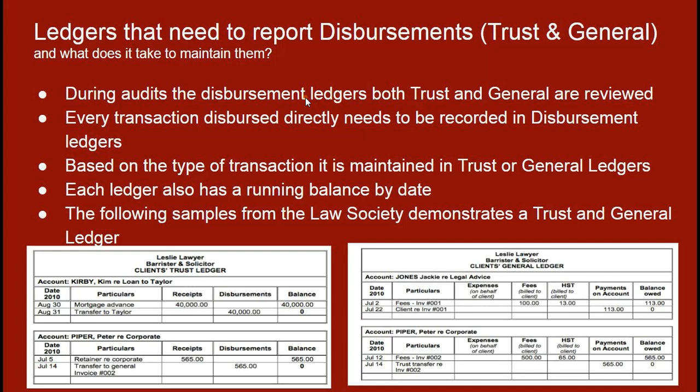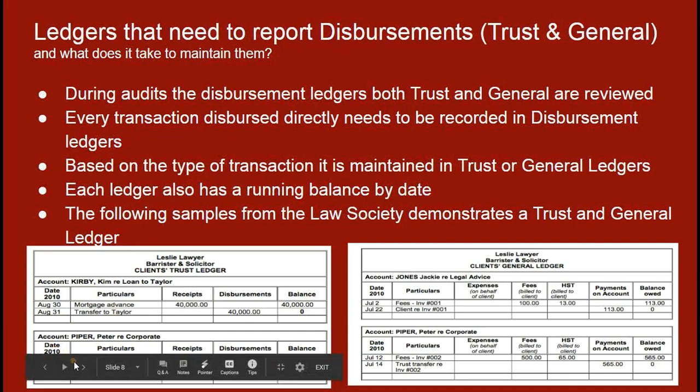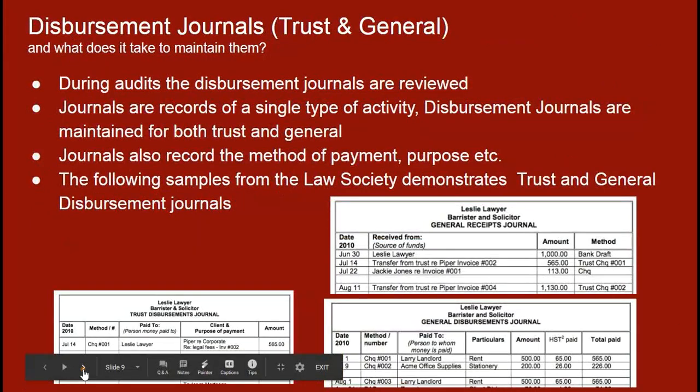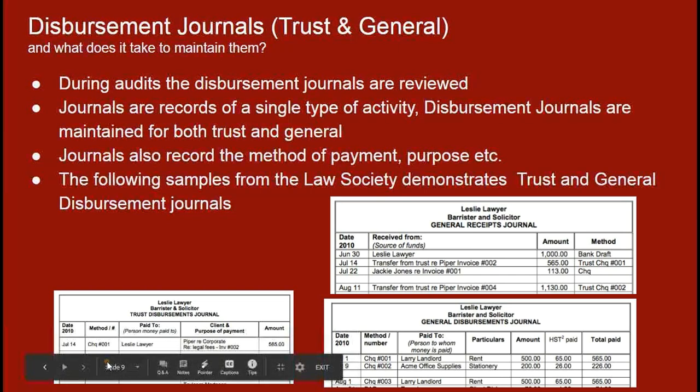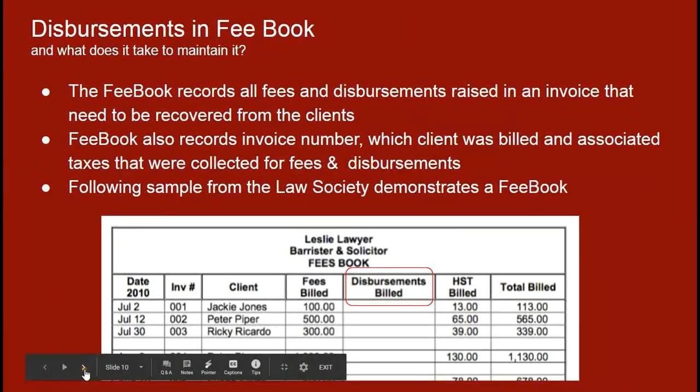And you also have the journal documents, apart from the ledgers, that are to be maintained as well. And another important document that captures the disbursements, including any jurisdictional taxes that were paid for, is the fee book. That's another document apart from the ledgers and journals that you need to report on.